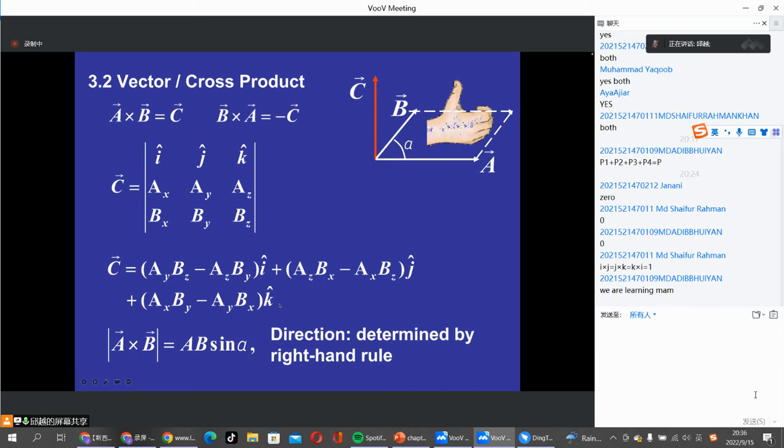We can see your right hand, the thumb and the four fingers are always perpendicular to each other, which means the cross product vector is always perpendicular to the two vectors. C is always perpendicular to A and B.